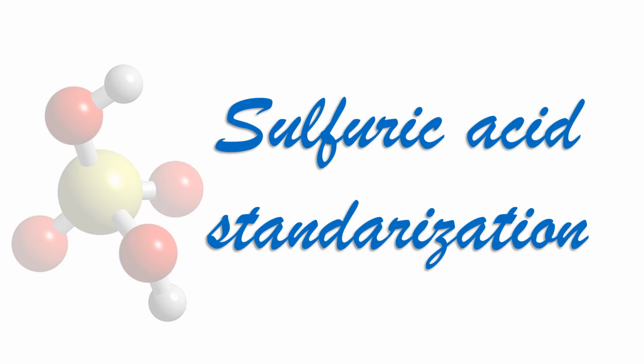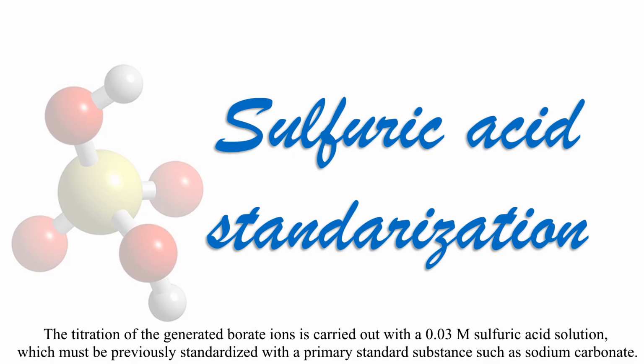Sulfuric acid standardization. The titration of the generated borate ions is carried out with a 0.03 molar sulfuric acid solution, which must be previously standardized with a primary standard substance such as sodium carbonate.